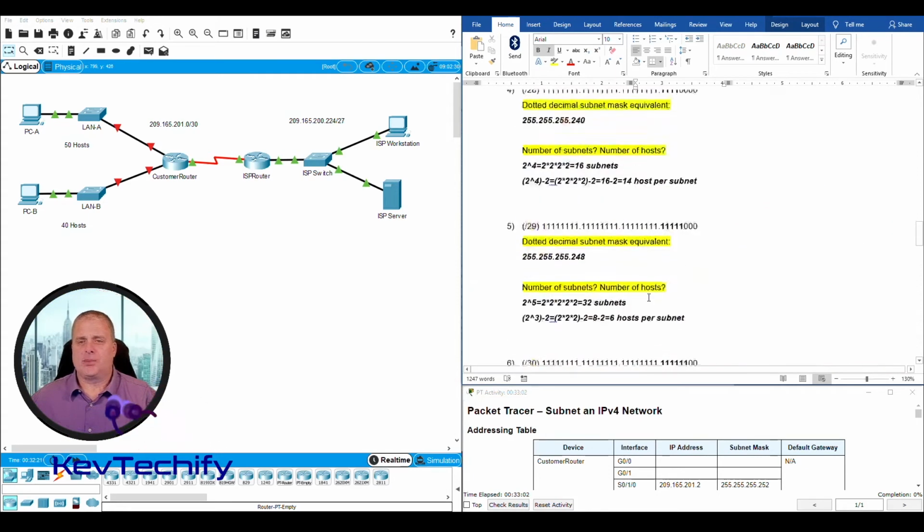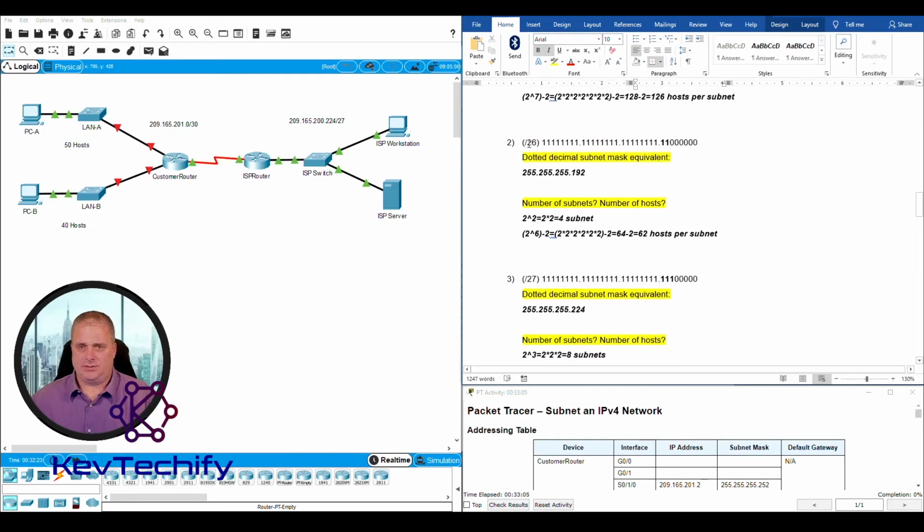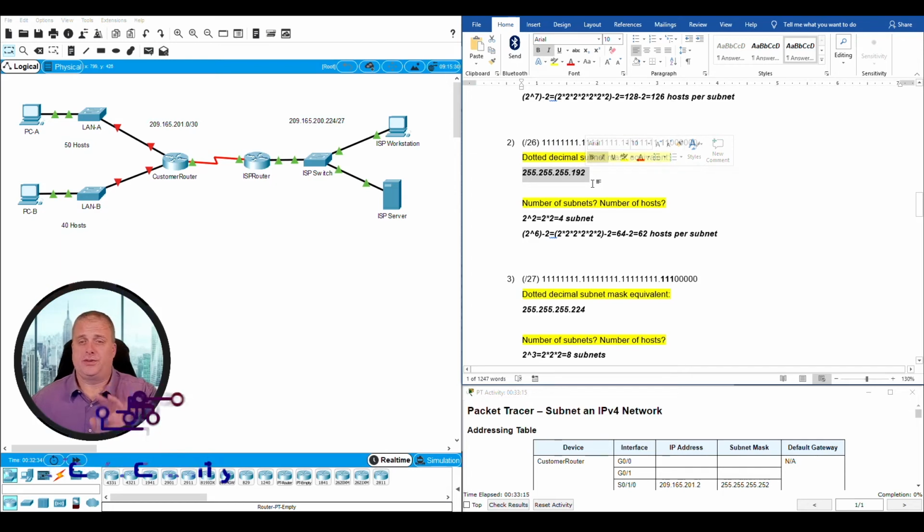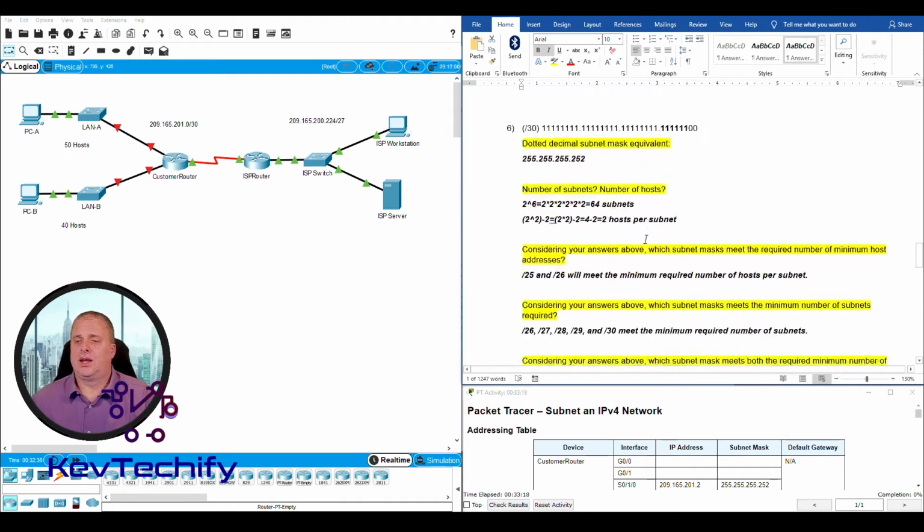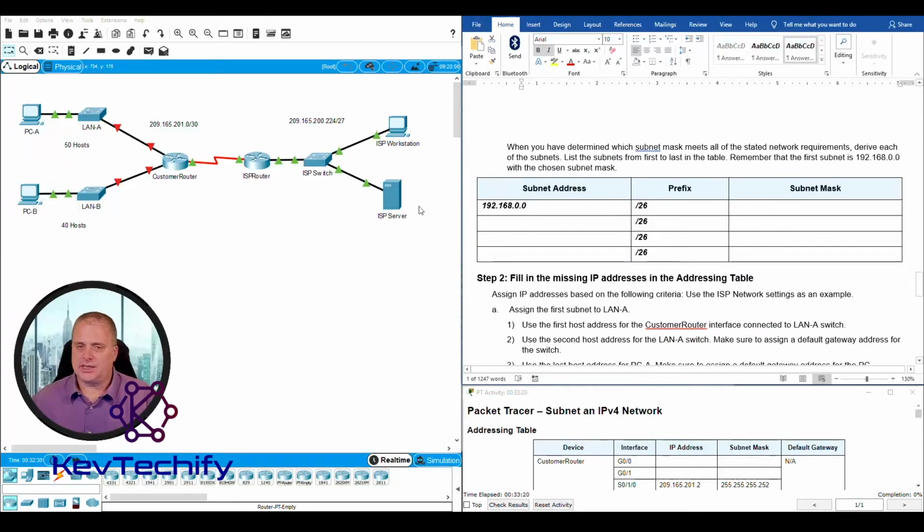And the subnet mask. If we go back up to our /26, they had us figure out what the dotted decimal subnet mask equivalent is. That is 255.255.255.192, 3 255s and a 192. Once again, those are all going to stay the same for all the different subnets.